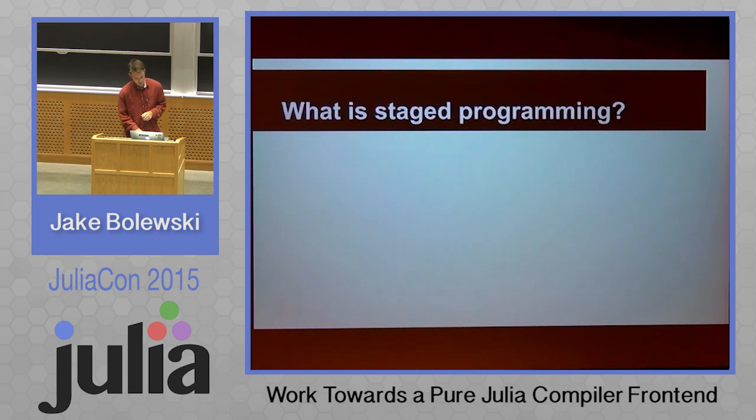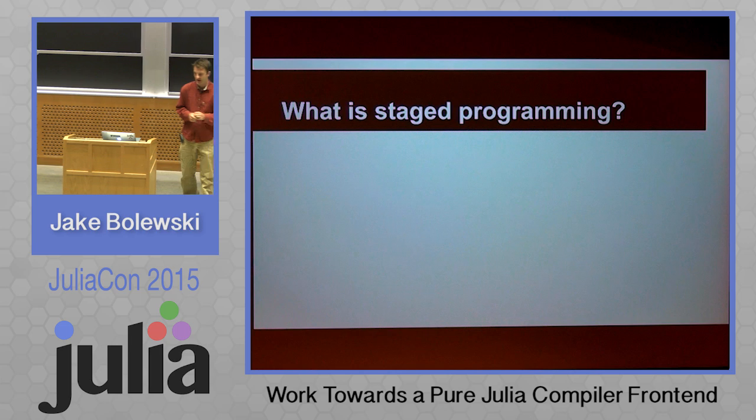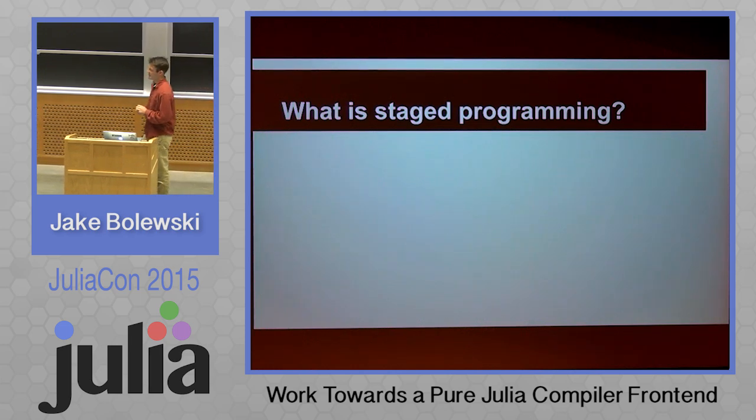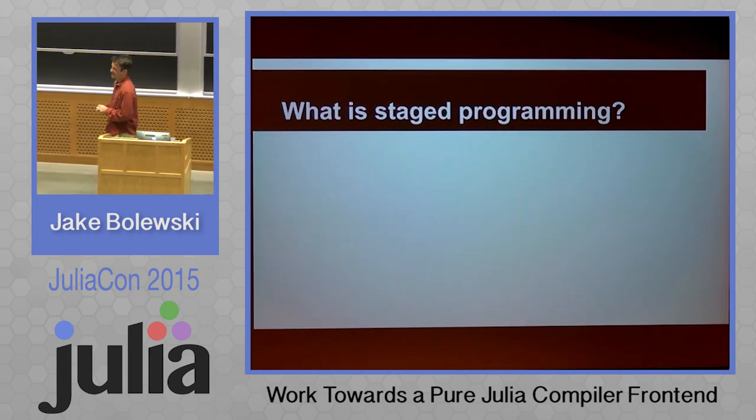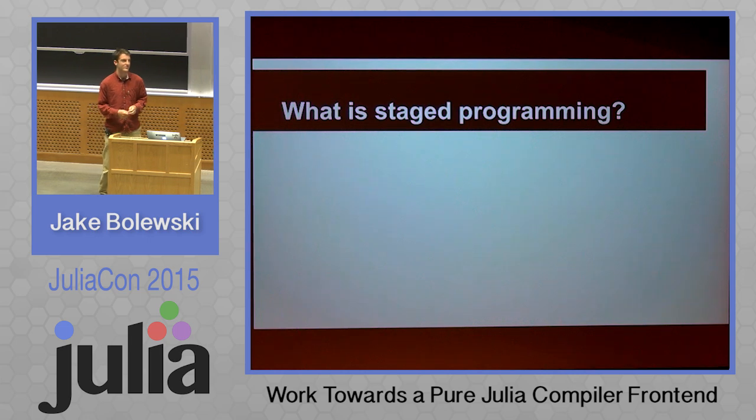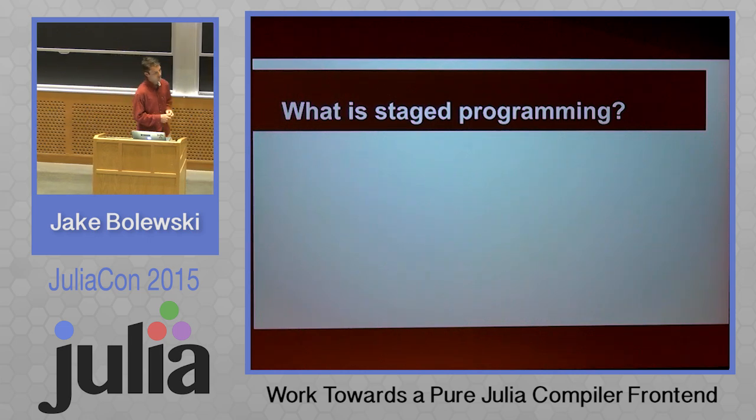So what is stage programming? Stage programming is any type of implicit or explicit dynamic compilation or static compilation in your program at fixed points. So it could be macro expansion, code generation, runtime code generation.